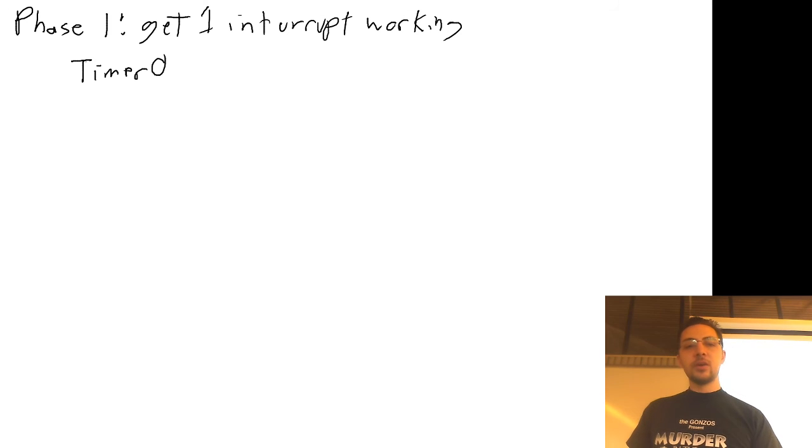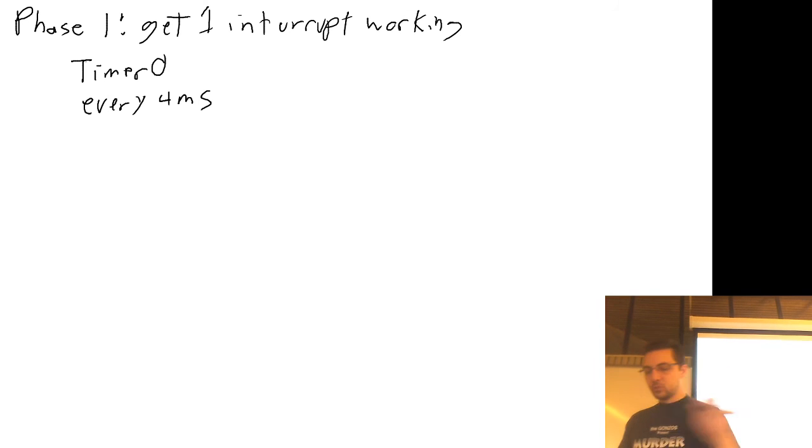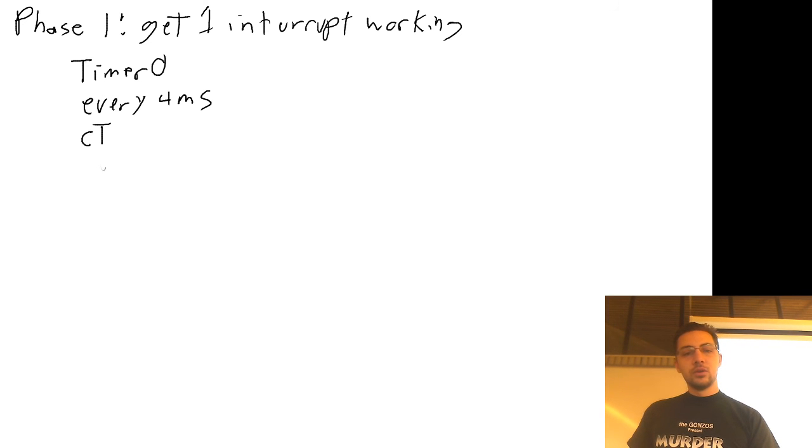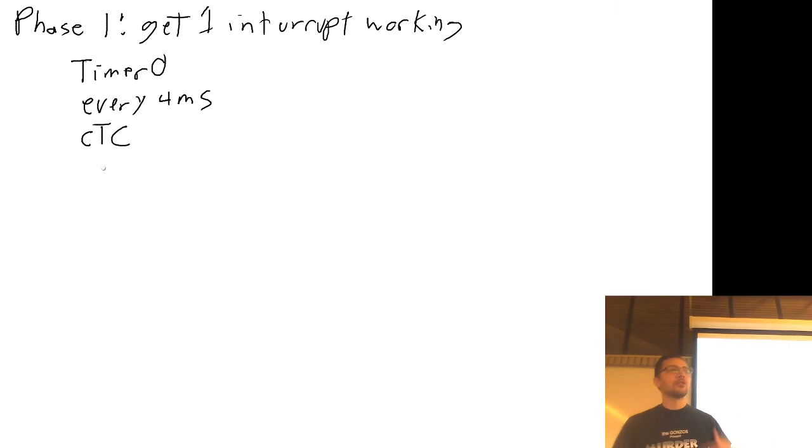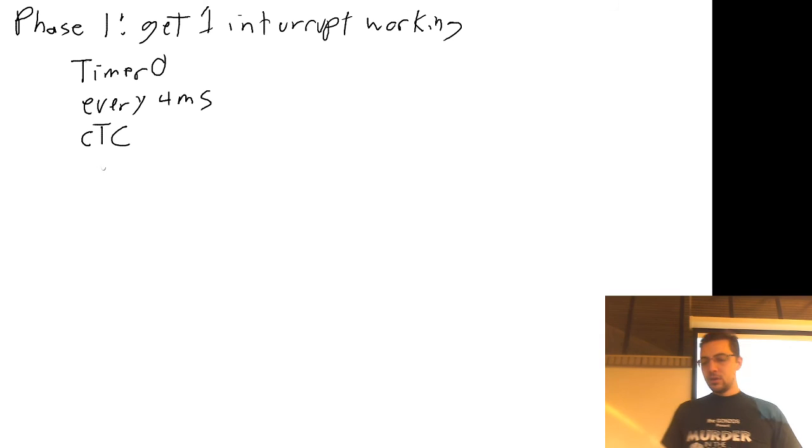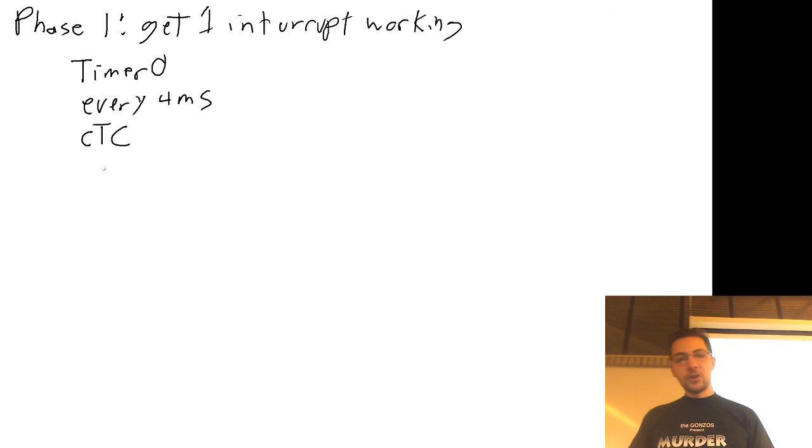All right, so things that we know, every 4 milliseconds we want it to fire. Okay, chances are we want CTC mode because that's the one that allows us to do multiple things over and over again. Okay, so the first question is CTC mode. Where does the magic number go?